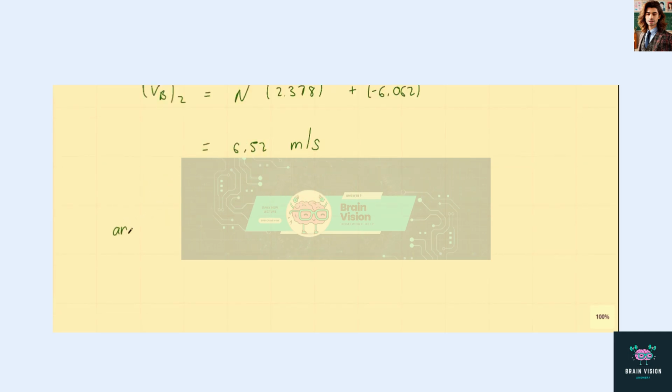To calculate this angle, theta B after the collision is equal to the arctan of its y component over its x component. So that's 6.062 over 2.378. Hence we get theta to be 68.6 degrees.